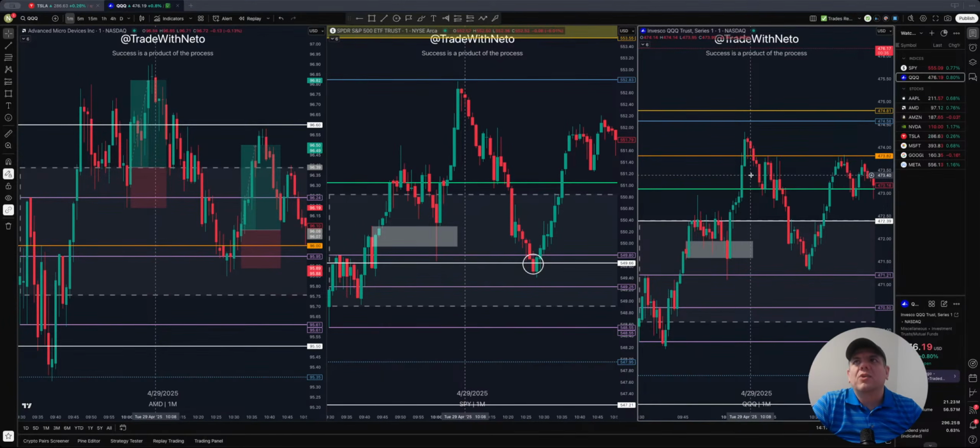Then you had this 10:08 candle, and yes, it was a red candle, but it didn't close below the previous candle. However, this 10:09 actually closed below the previous candle. So you should be holding your contract all the way to this 10:09 candle. That's kind of the bar by bar practice.